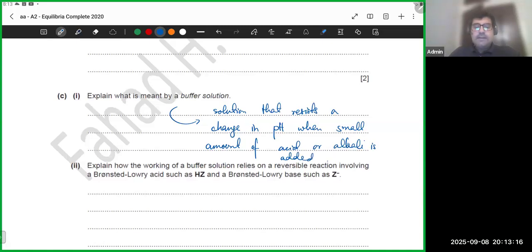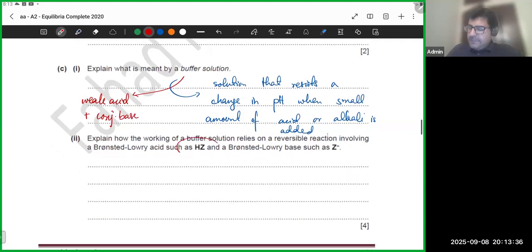And the next part is where he's showing use equations to show how the buffer solution was formed. The buffer solution was formed when you had a weak acid and its conjugate base, a mixture of both. So over here, you've got HA and you've got A-.